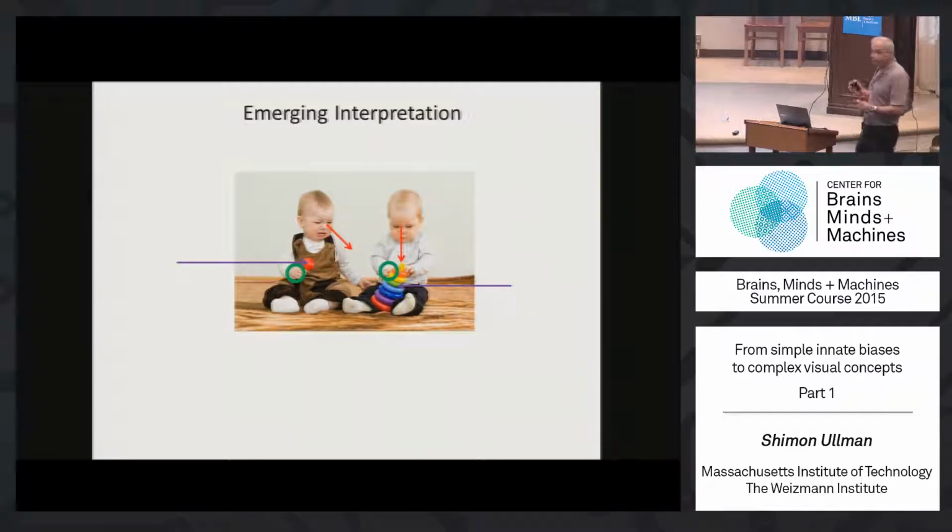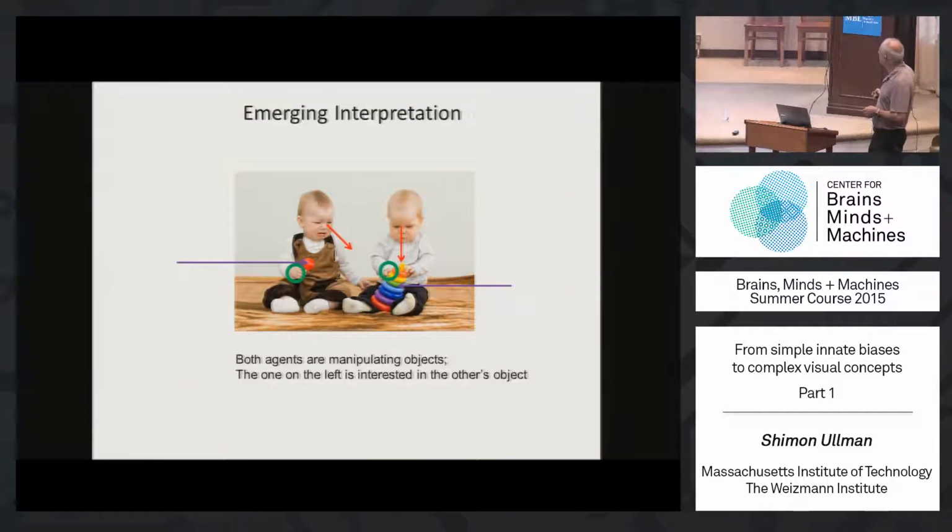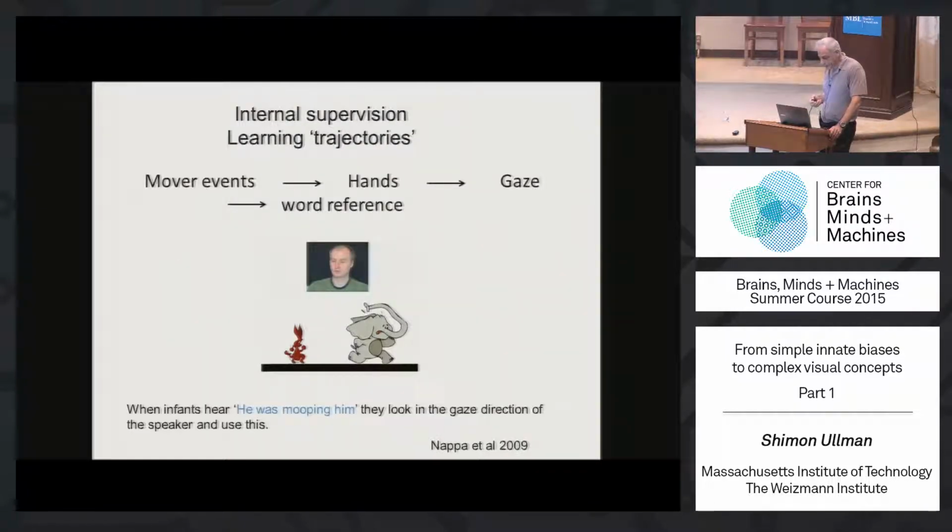So a very simple scheme that follows the chain of processing that I described already starts to know, not quite a full representation in itself, but quite along the way, that there are two agents here. The two agents are manipulating objects, and the one on the left is actually interested in the object that the other one is holding. So you have all the building blocks to start having an internal description along this line, following the chain of processing that I mentioned.